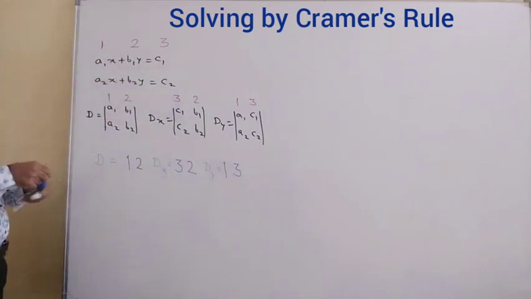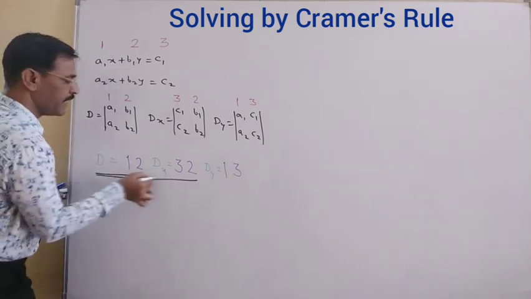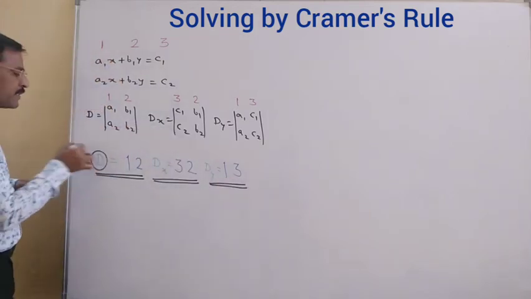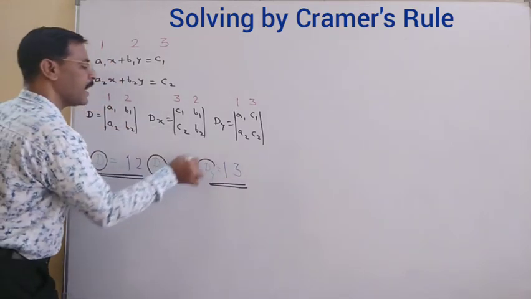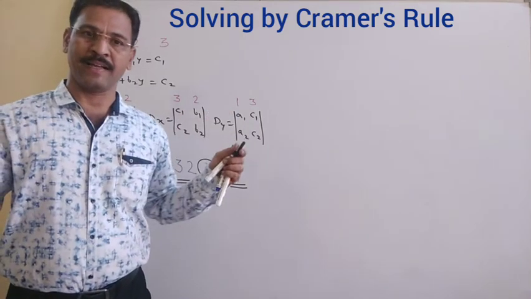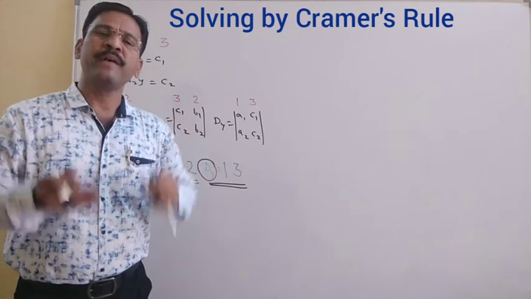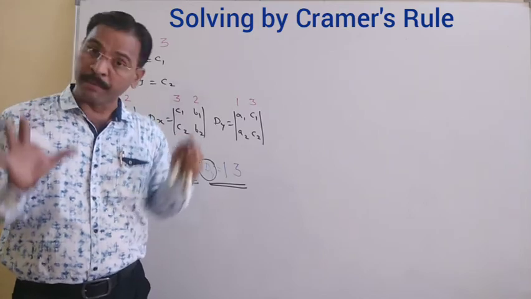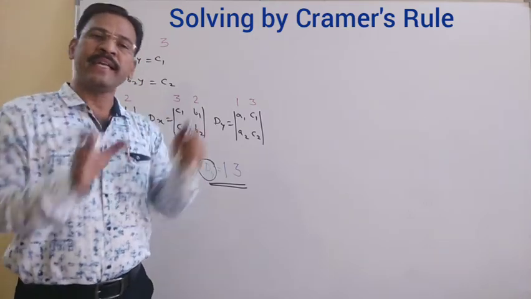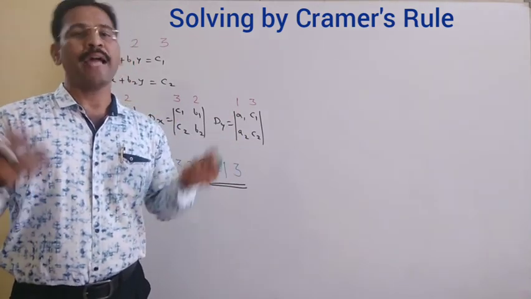So friends, the very important part is: D means 12, Dx means 32 and Dy means 13. Just try to remember 12, 32, 13. That is a very important rule. It is not a particular rule, but a trick we made to remember these kinds of examples. If we remember 12, 32, 13 for D, Dx, Dy, we can easily find the values of D, Dx and Dy.